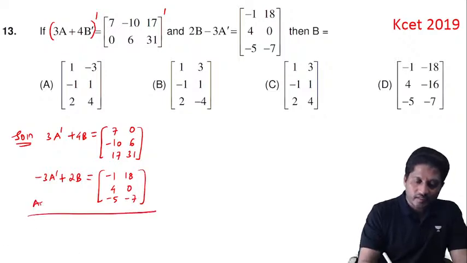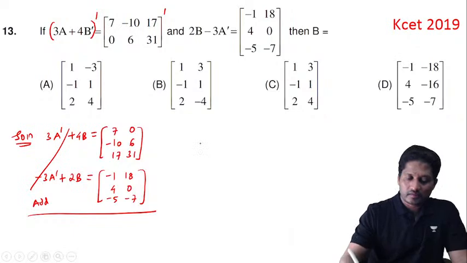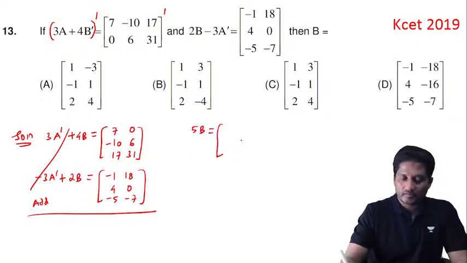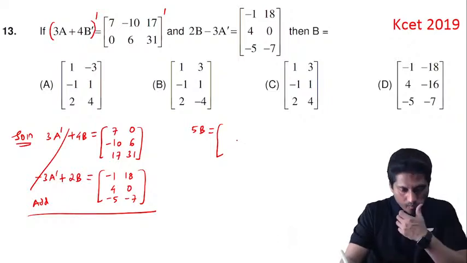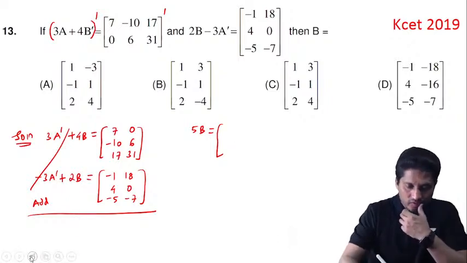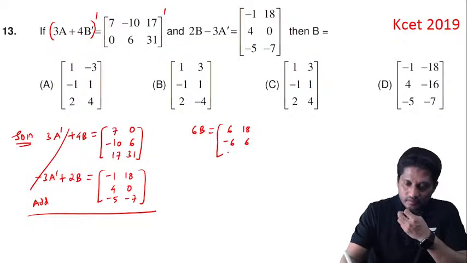Okay, now if I add, this will cancel. You get 5 into B is equal to the matrix, 6 into B. 4 plus 2 is 6. 6B is equal to, this is 6, 18, and then minus 6 plus 6, and then you get plus 12.